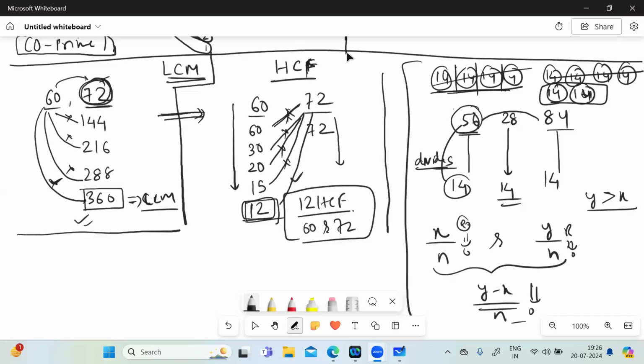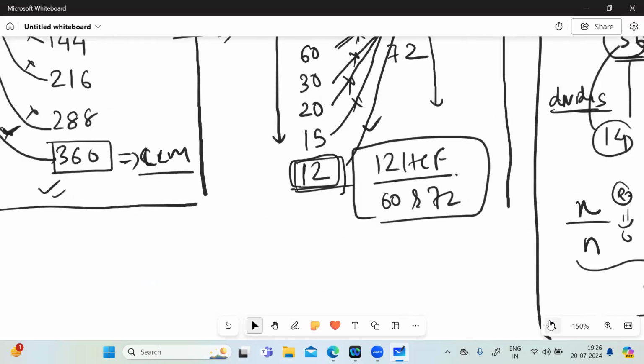So now I'll use the same concept to find HCF. How I'll be finding HCF with this concept, you can just see here. Just a second.